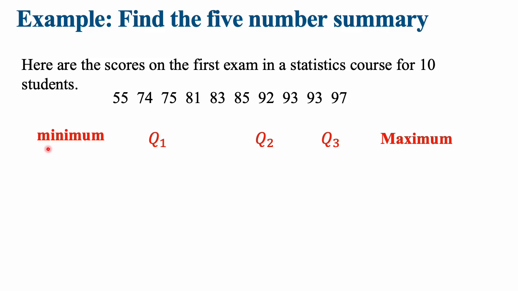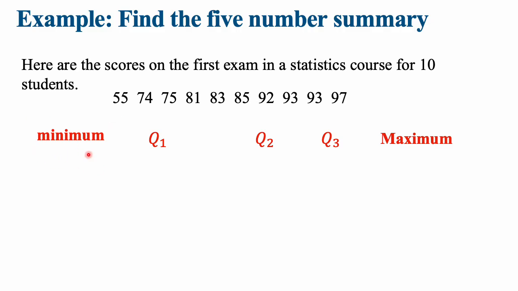We're going to find the 5 numbers: minimum, Q1, Q2, Q3, maximum. Let's start by putting the data in order. If the data doesn't show in order, you do that first. Put all the data values in order. That's much easier for finding the 5 numbers, okay?